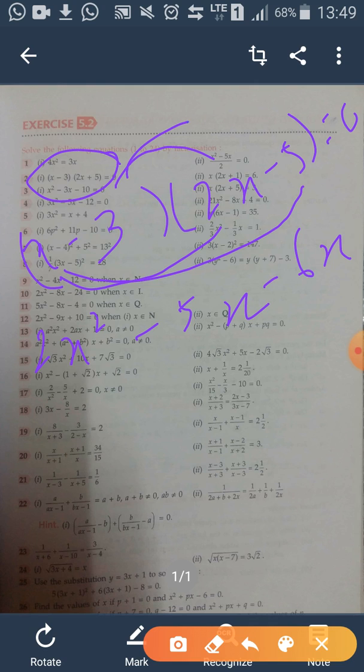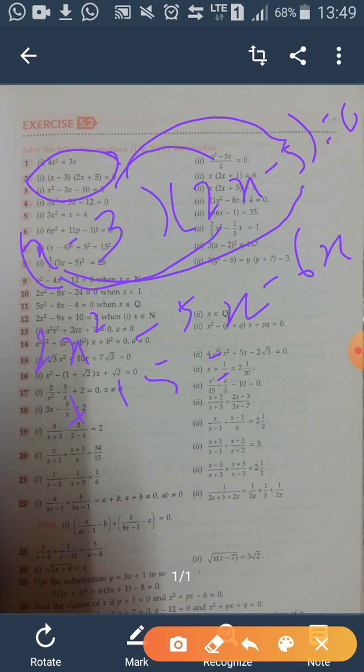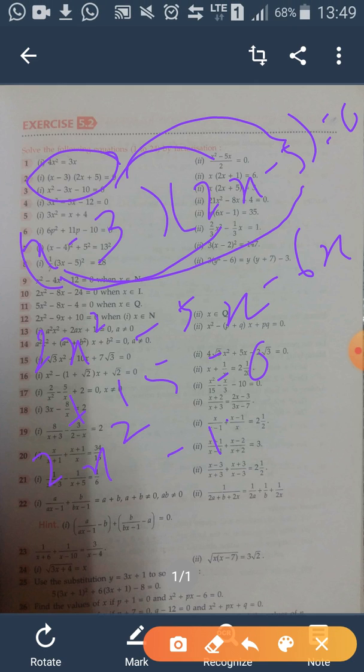And minus 3 into minus 5 is plus 15, is equal to 0. So it becomes 2x square minus 11x plus 15 is equal to 0.